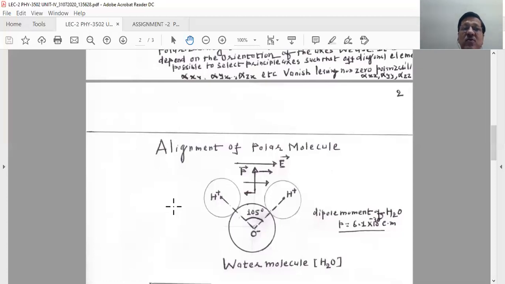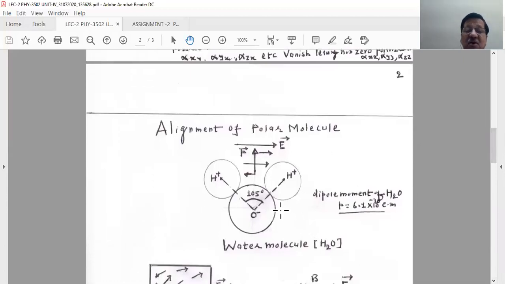Now let us try to understand the alignment of a polar molecule. Here I consider a very famous molecule with which you are familiar: I have a picture of the water molecule. The water molecule is a polar molecule and possesses a dipole moment, of the order of 6.1 into 10 raised to minus 30 coulomb meter, in MKS units.